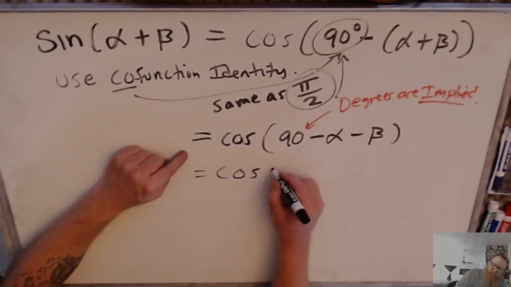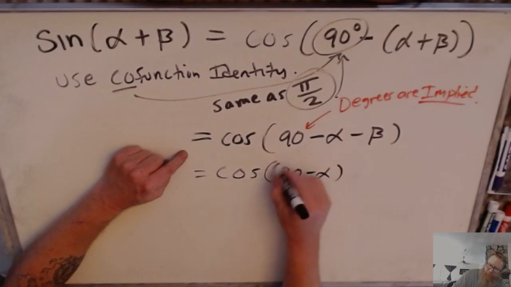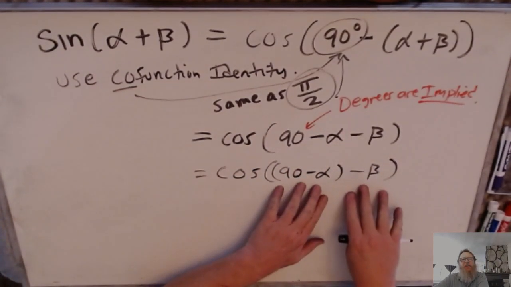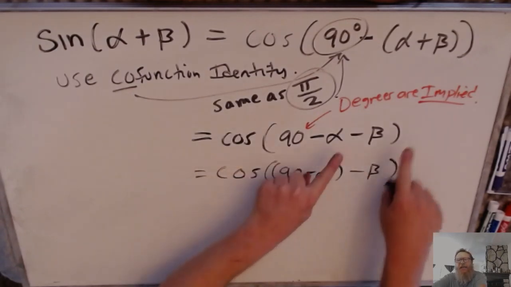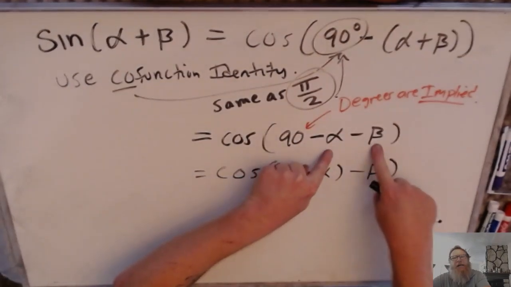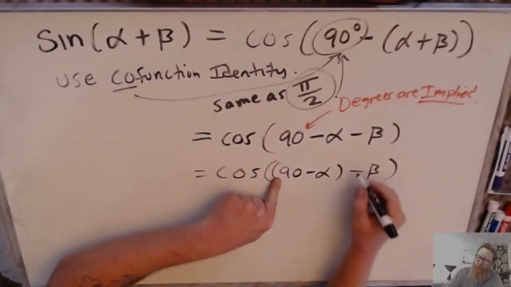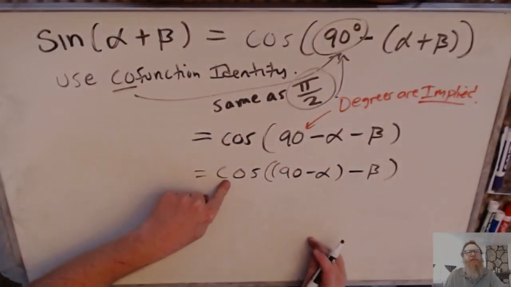And then we're going to write it this way, 90 minus alpha, and then minus beta. So this is the associative property now. I'm changing my association. Instead of associating alpha with beta, I'm associating alpha with the 90. The reason why is I want to use the formula for cosine.